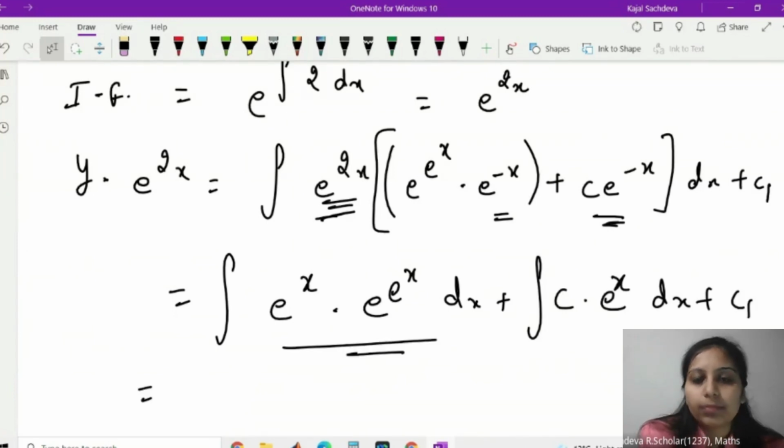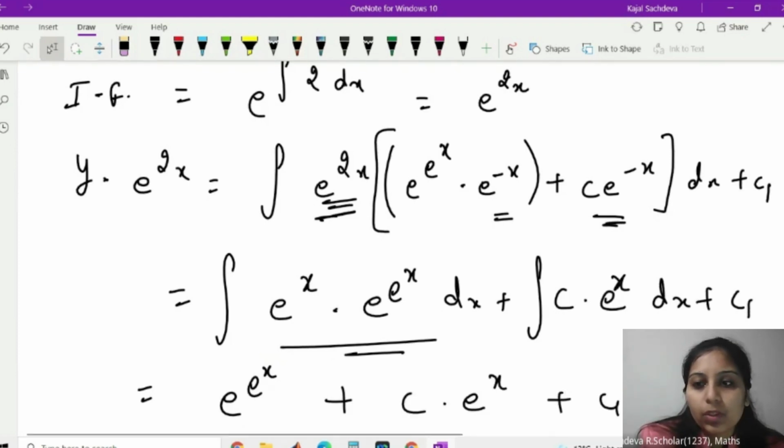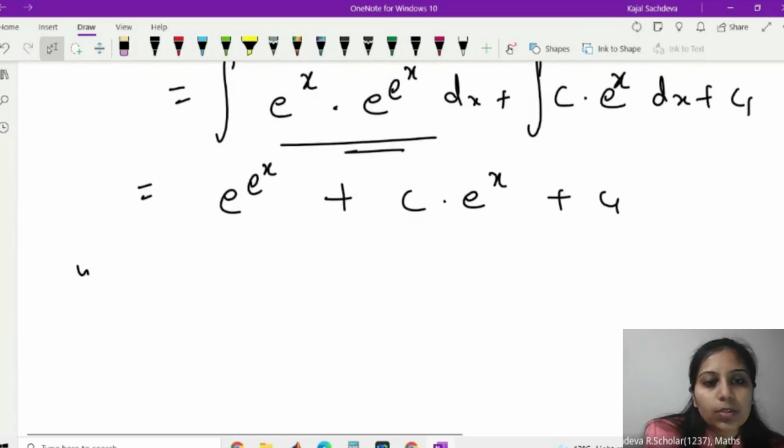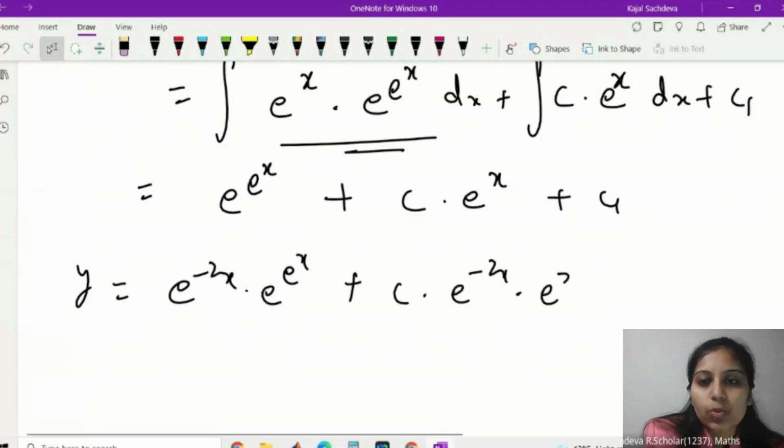So here again we put e^x equal to t, substitute, and we get e raised to power e^x like in the preceding, plus here we get the integration c e^x plus c1. So y into e raised to power 2x is equal to this. So y is equal to e raised to power minus 2x, e raised to power e^x, plus c e raised to power minus x, plus c1 e raised to power minus 2x. So this is our final solution.